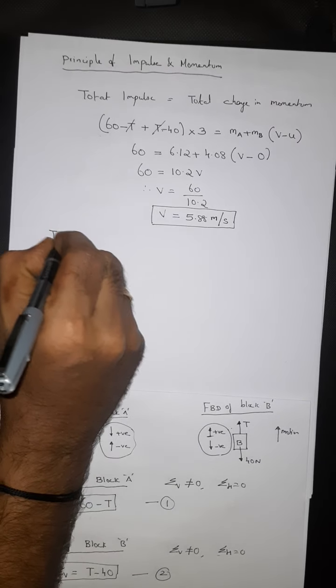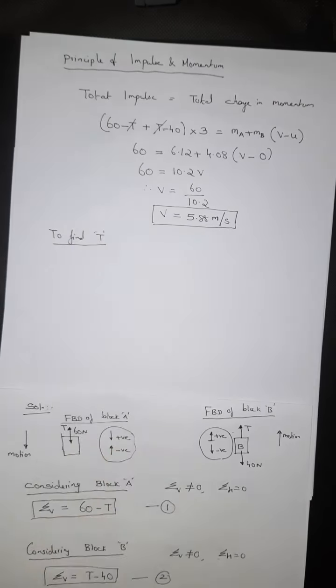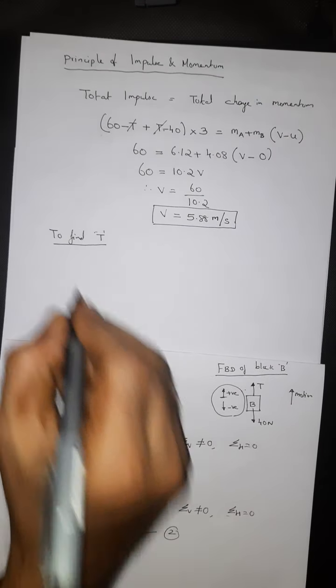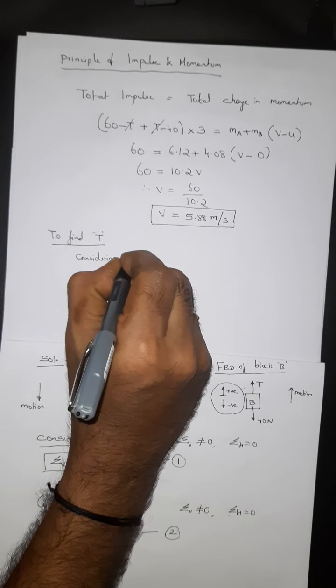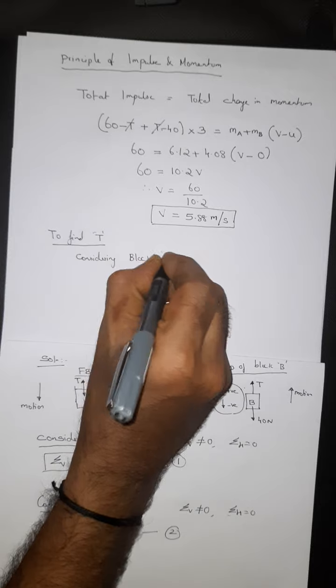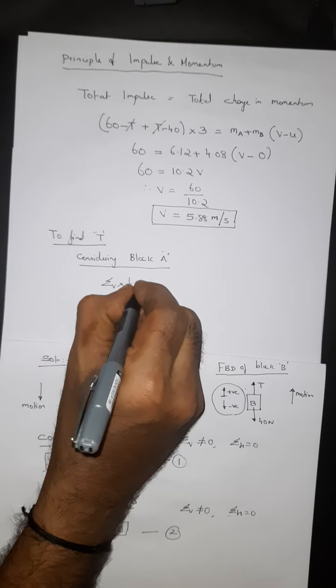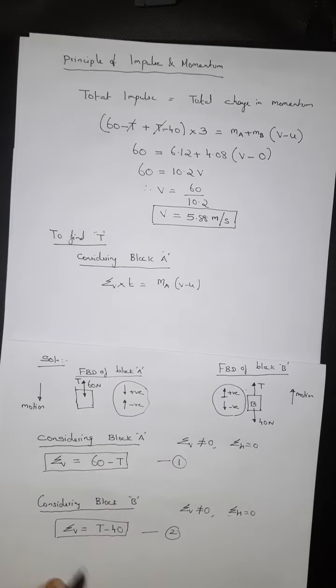To find the tension T, we'll have to consider any one of the block. So let me just consider block A. Summation F into t equal to MA into V minus U. This is the formula.